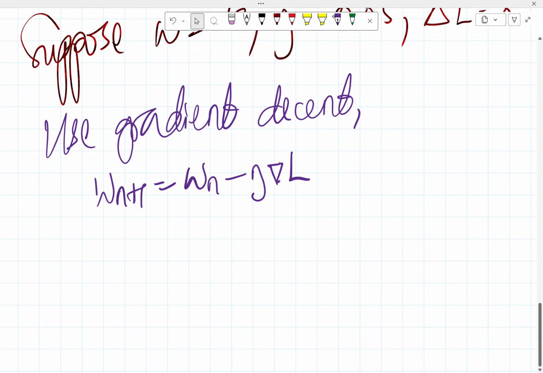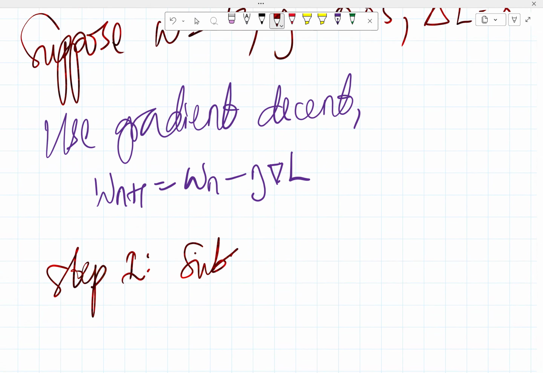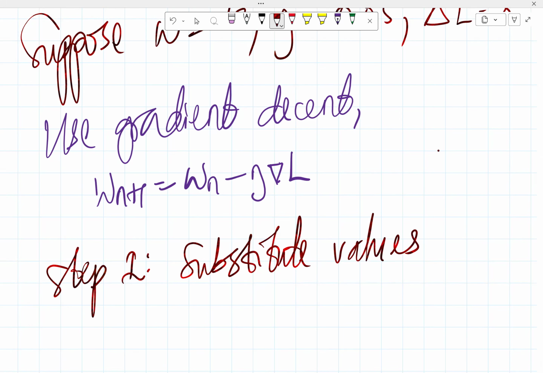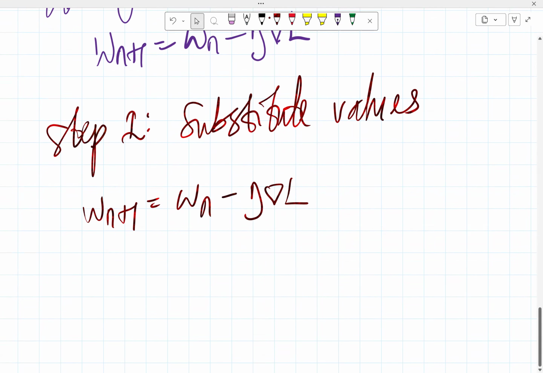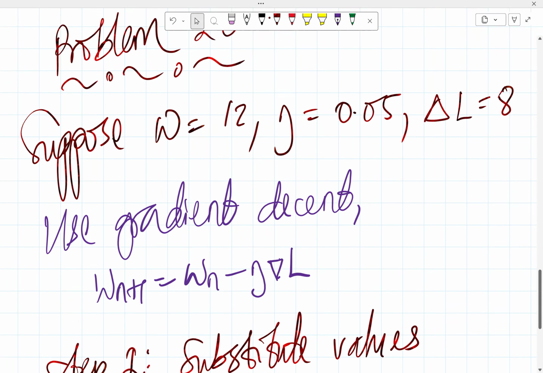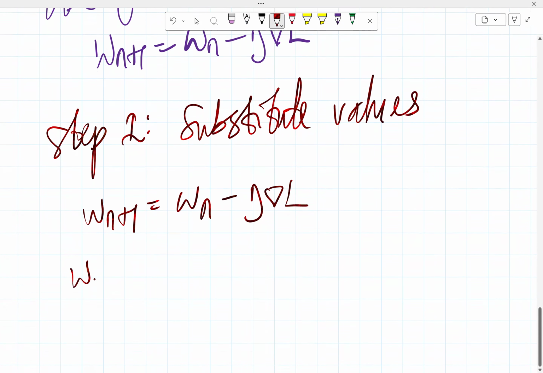So we have that. Step one, we substitute values. So for these values, we have W_{n+1} equals W_n minus eta grad L. The original W we had, you can call that W_0, equals 12.